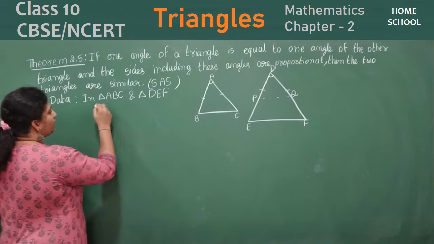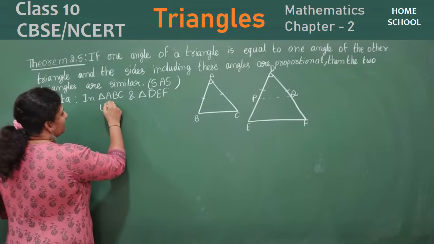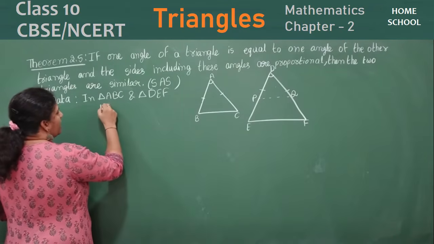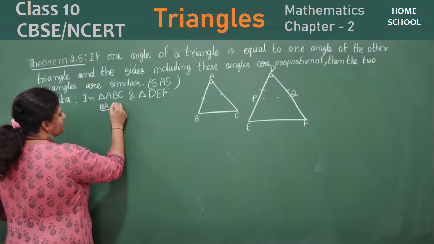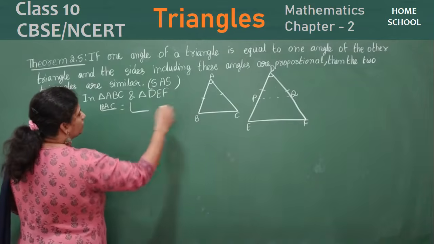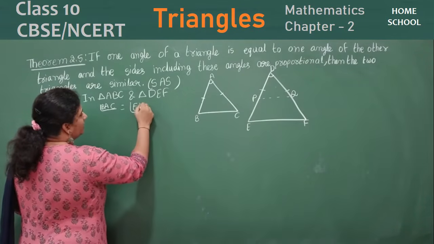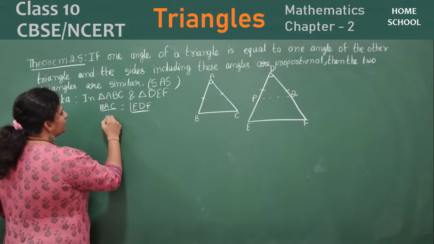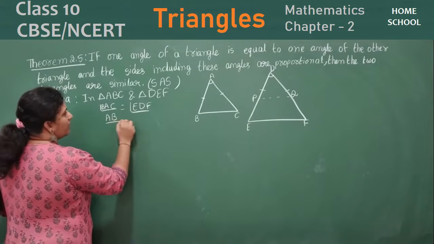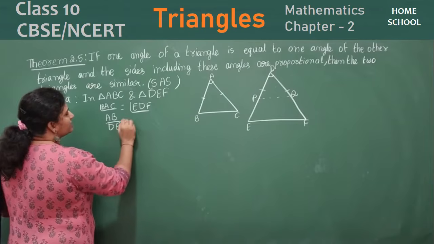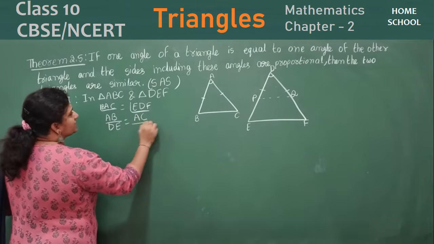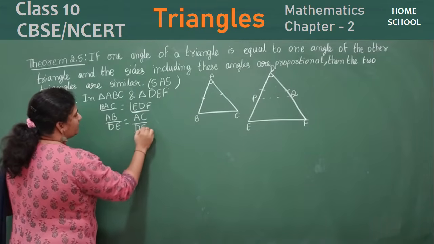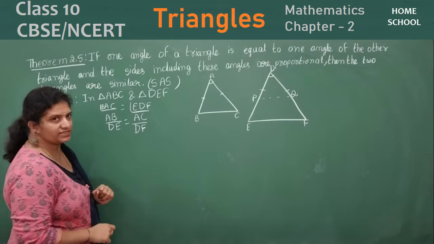What did they give here? Angle A. What is this angle A? Angle BAC is equal to angle EDF. And the ratios. What are the ratios given? AB by DE is equal to AC by DF. Okay, these are the ratios given.